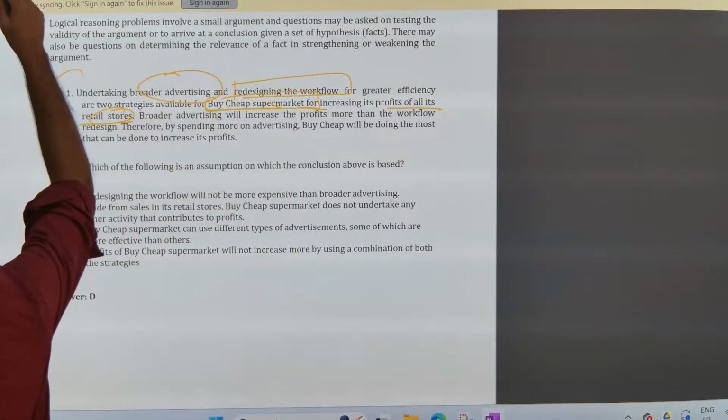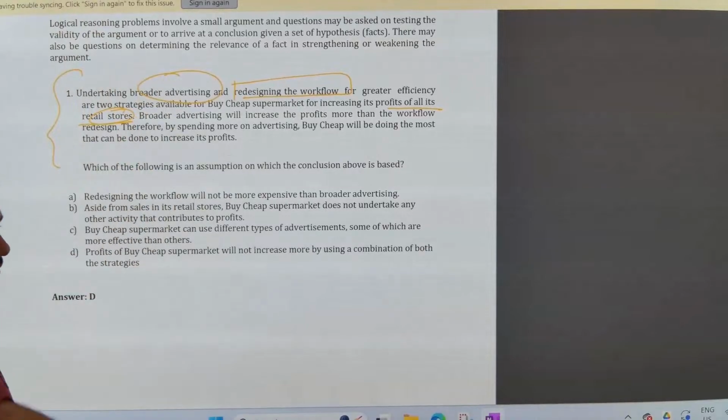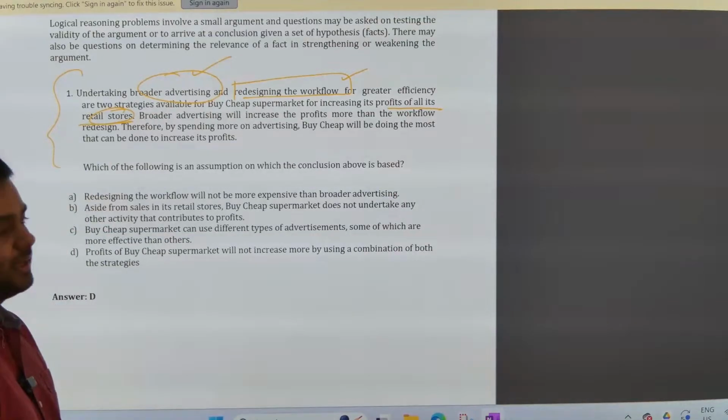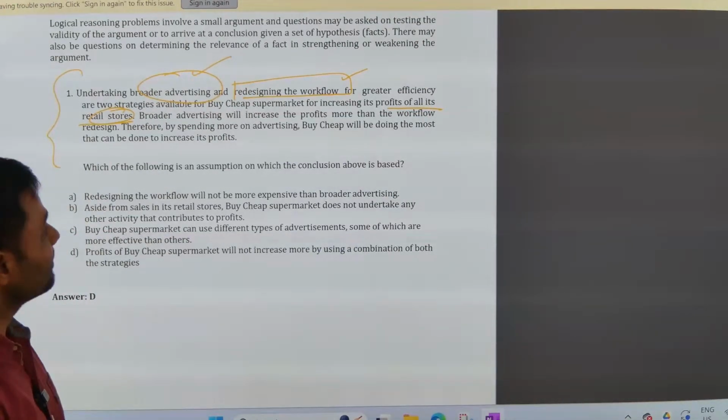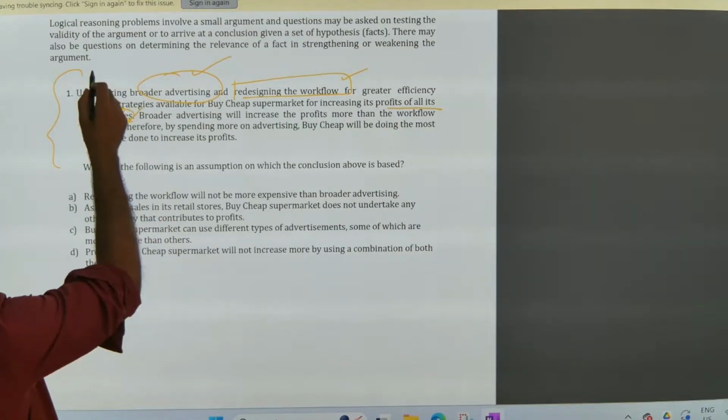Redesigning the workflow means their processes and their workers. So these are the two strategies with which they think that their profits can increase on all their stores.